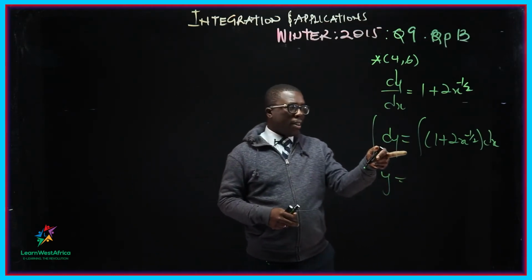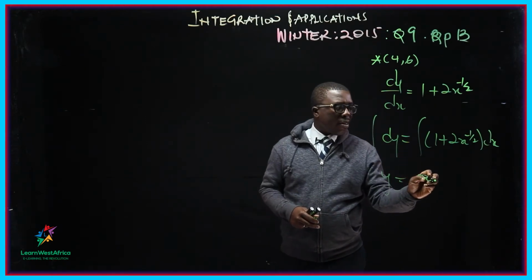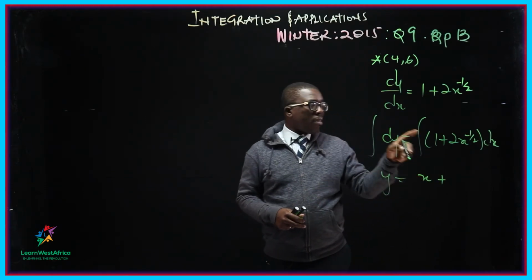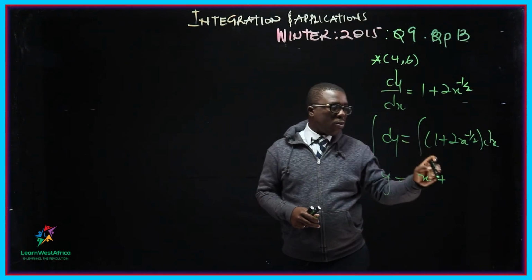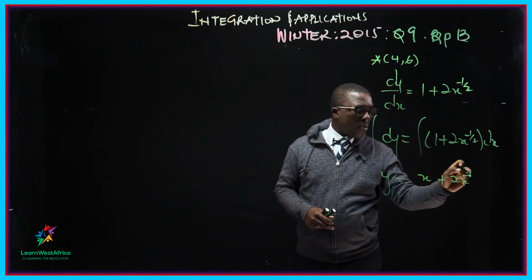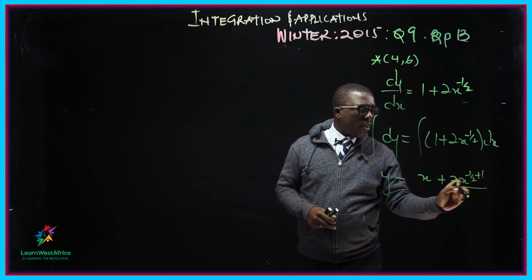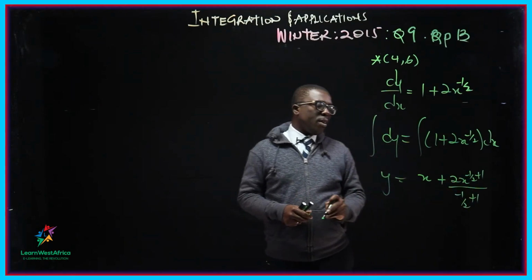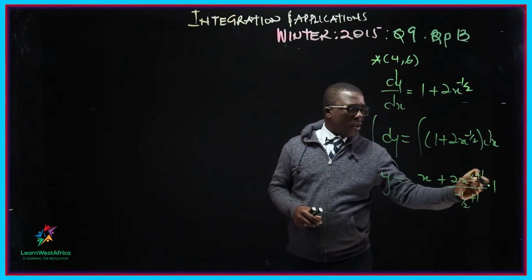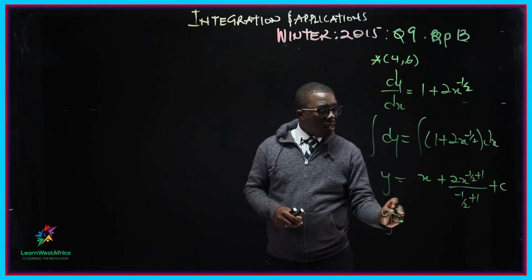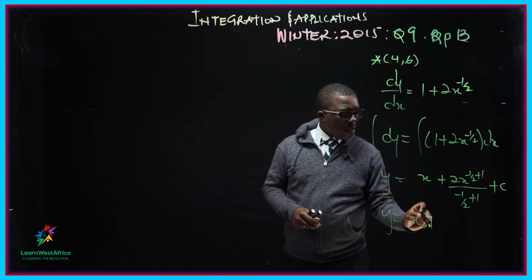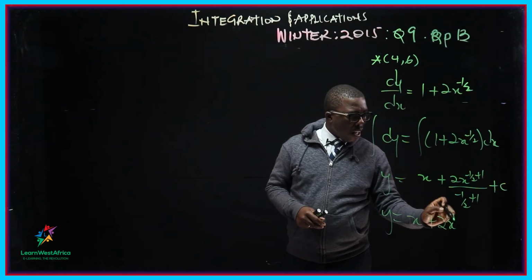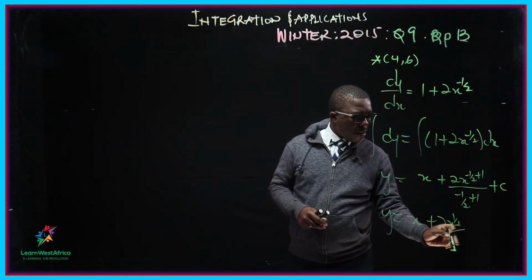This is going to give you x, plus, then we add 1 to the power: (2x) to the power minus half plus 1, all over minus half plus 1. Hope you are fine. Then we add our arbitrary constant c. So our y is going to give us x plus (2x) raised to the power half, all over half, plus c.